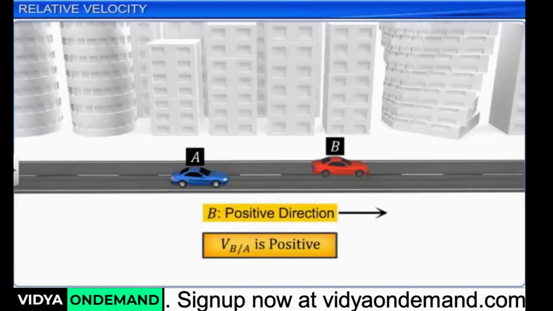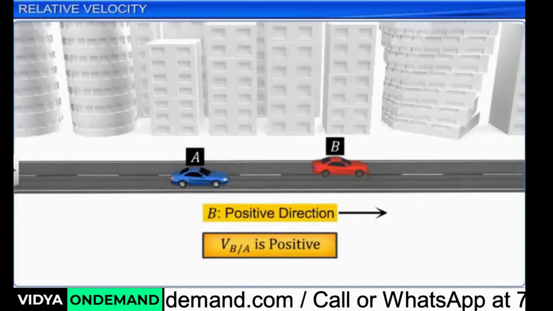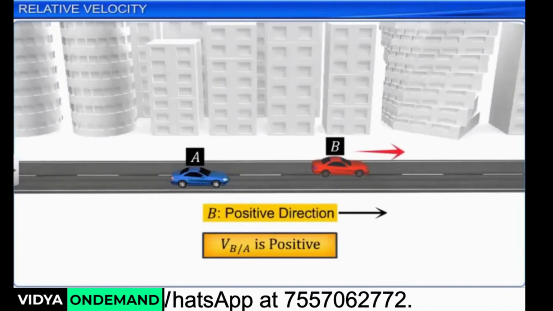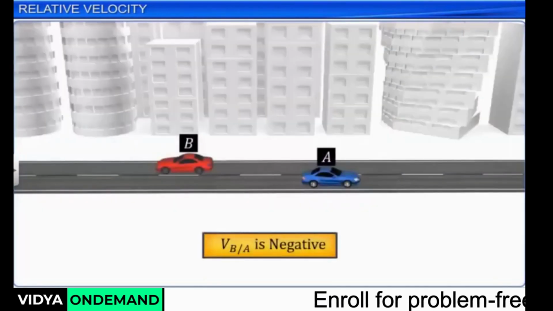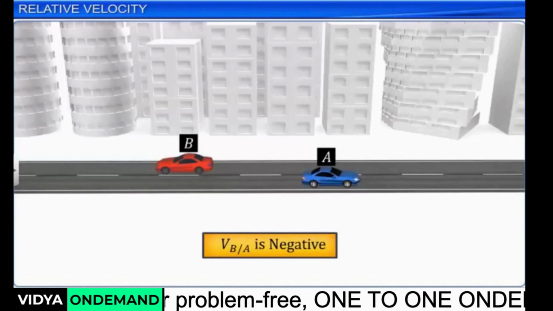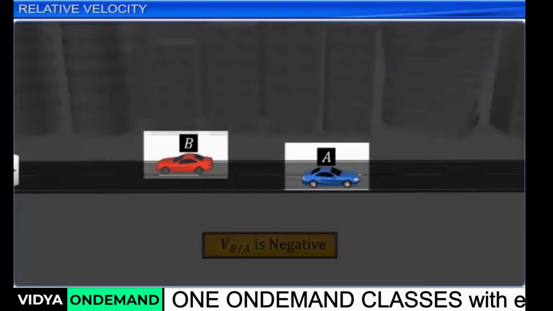A negative sign of vB/A means that when B is observed from A, the motion of B is in the negative direction, that is, leftward direction.